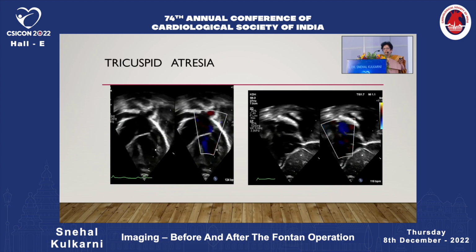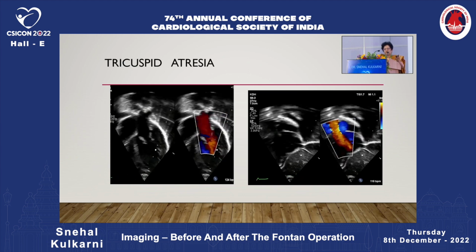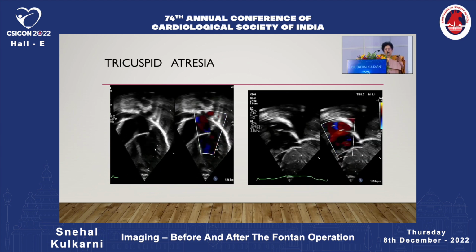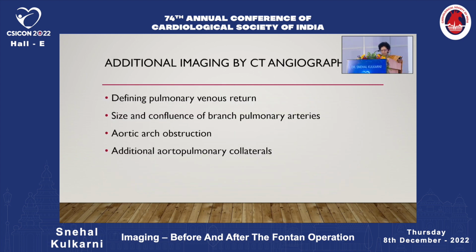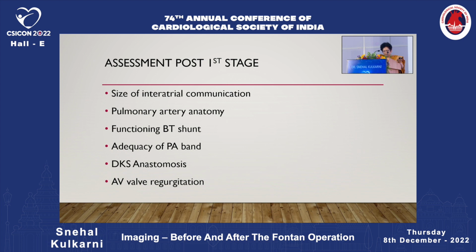These are things which need to be carefully looked at on echocardiography prior to doing the palliation in these subgroups. Maybe additional CT imaging is required in some patients if we suspect any abnormal pulmonary venous return, if size and confluence of the branch pulmonary artery is a concern, if aortic arch obstruction is a concern, and if there are any additional aortopulmonary collaterals.